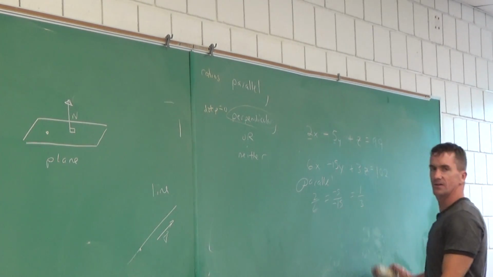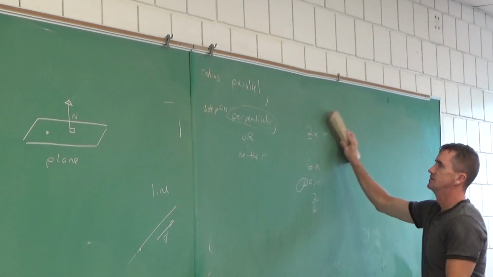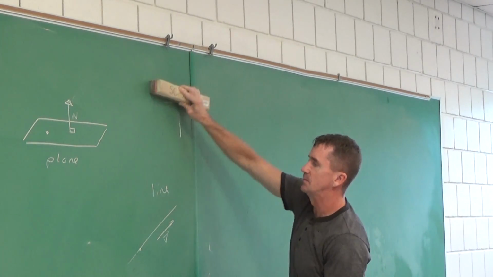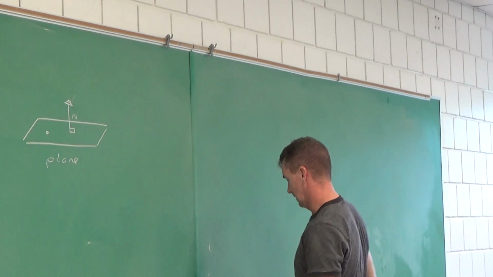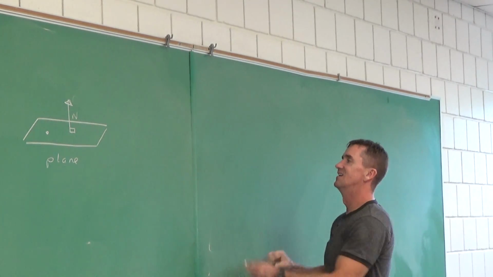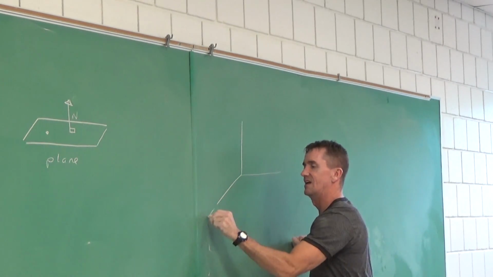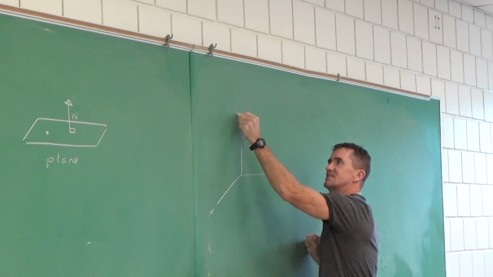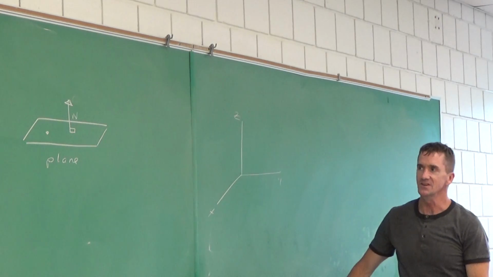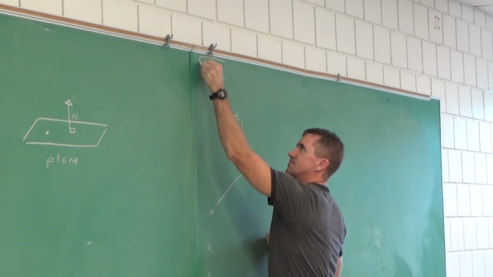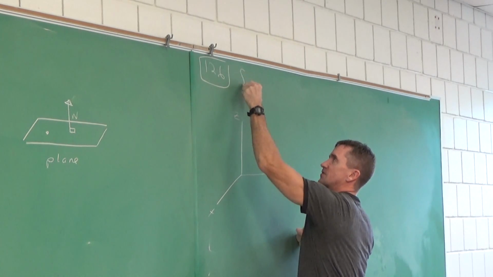This is fun, because all the sketches you did before this haven't been too bad. Like I said, we're going to sketch things like this. What's this section called? It's titled, for 12.6, surfaces.